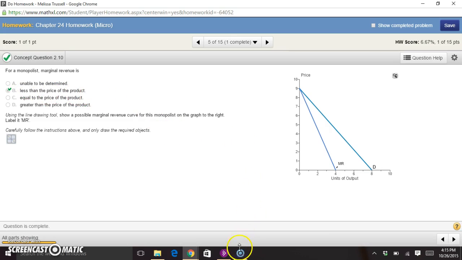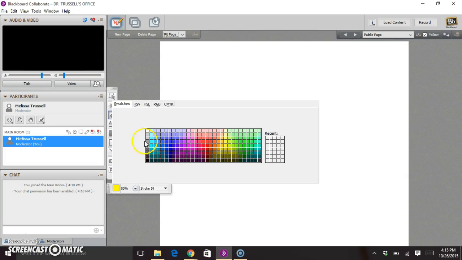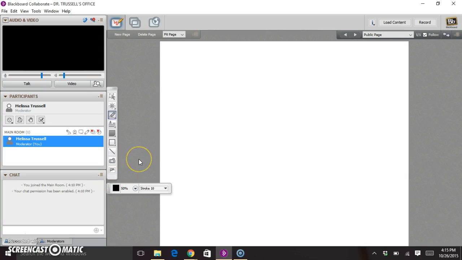Now, why is that? Let me pull up a whiteboard so that I can show you how this works. So, if you think about our normal aggregate supply and aggregate demand curve. So think about a small business or a business in a perfectly competitive market.